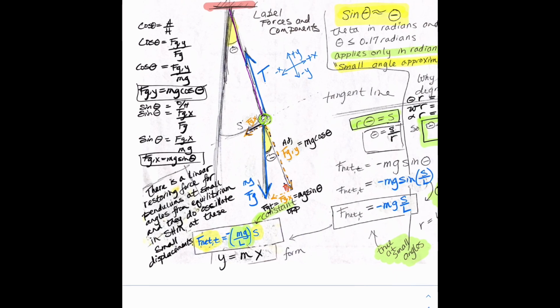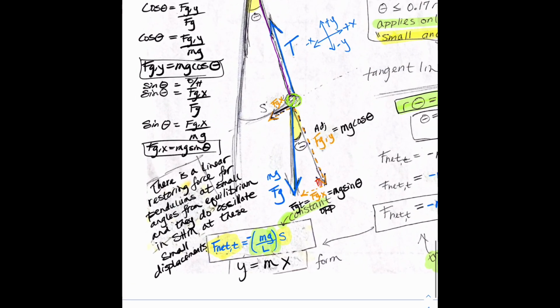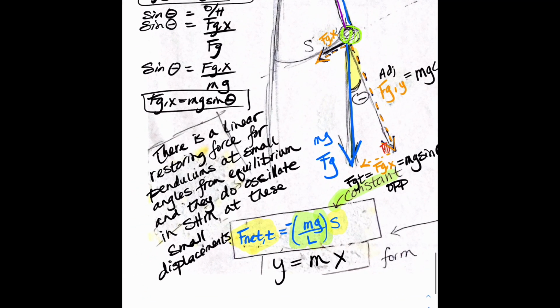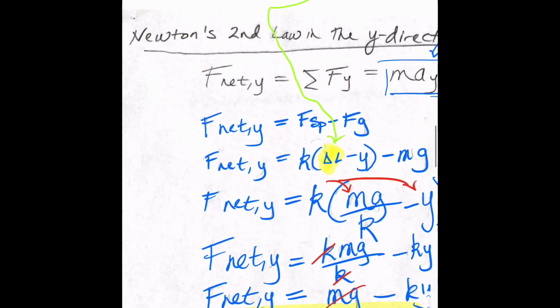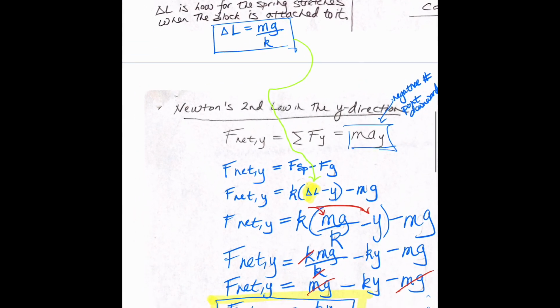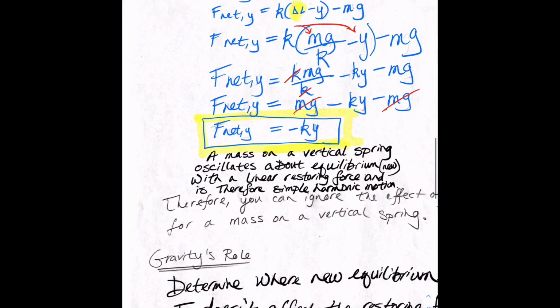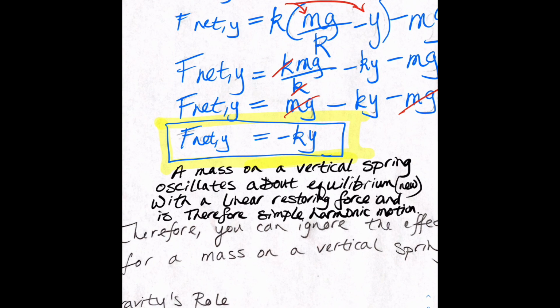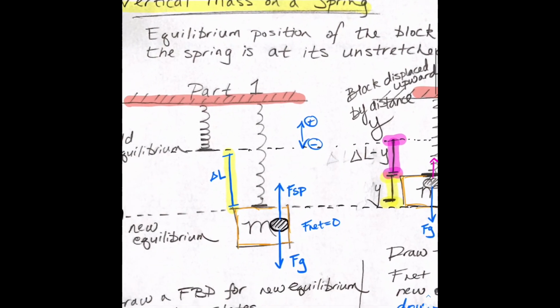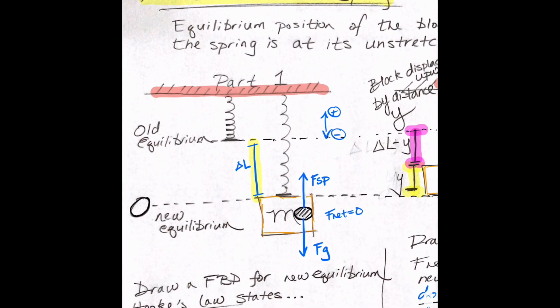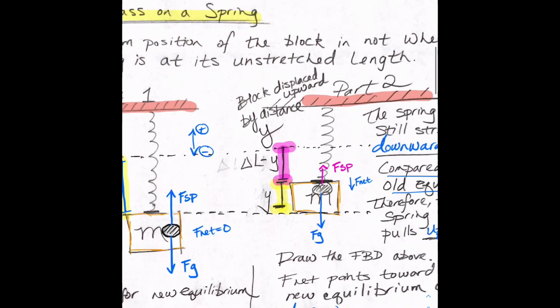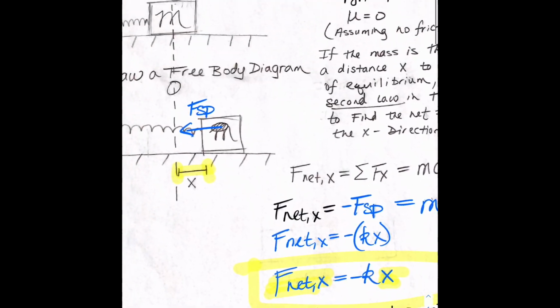So there you have it, proof of why pendulums operate according to a linear restoring force at small angles and operate in simple harmonic motion. Proof of why vertical springs operate with a linear restoring force and move in simple harmonic motion, exactly the same as a horizontal pendulum, and exactly the same as this.